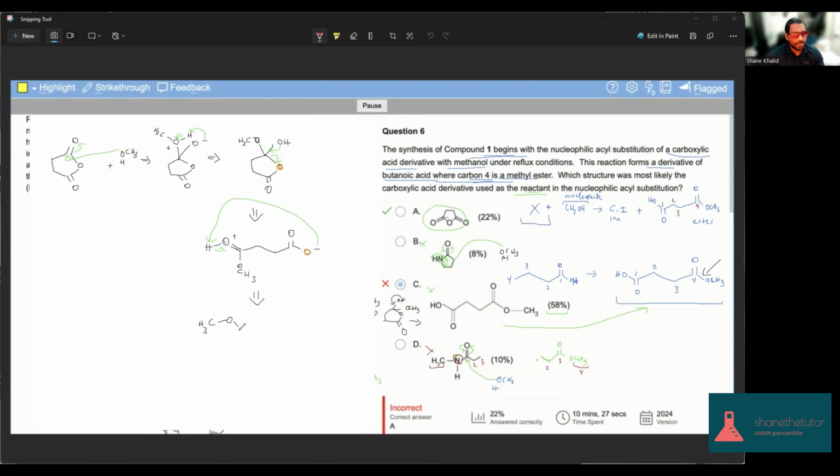This turns into the carbonyl bond, which would then give us that. And this is the mechanism for adding methanol to a cyclic anhydride.